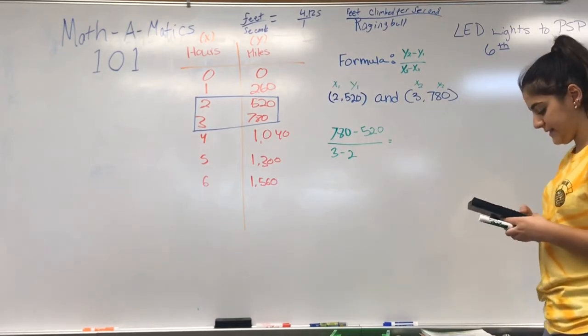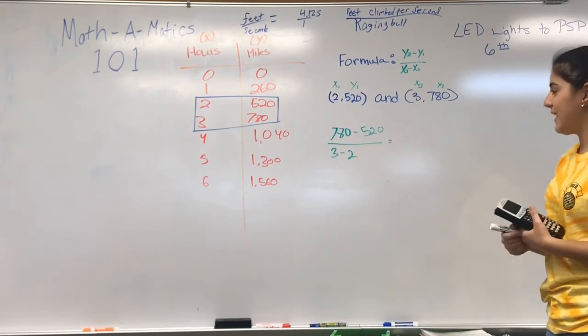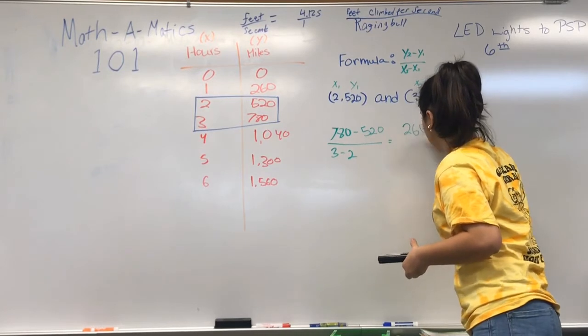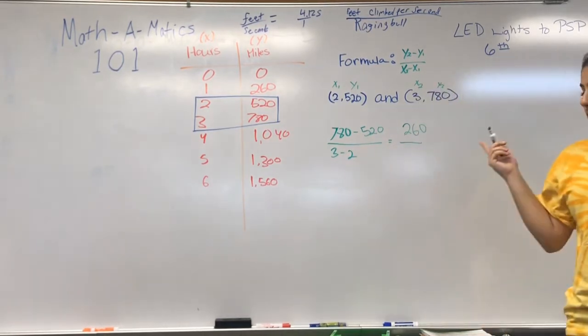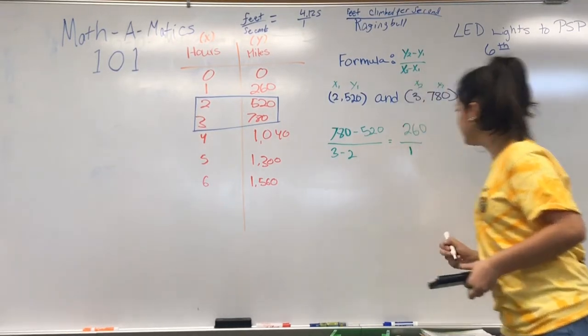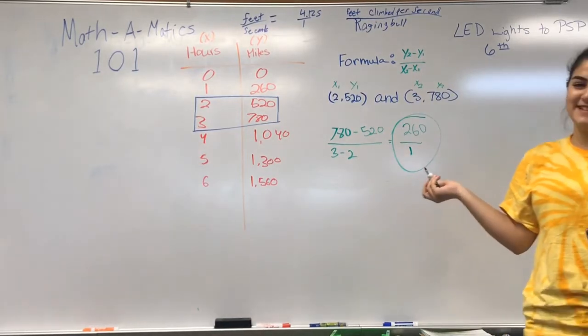So if we subtract 780 minus 520, we will get 260. And if we subtract 3 minus 2, we will get 1. And that would be our slope.